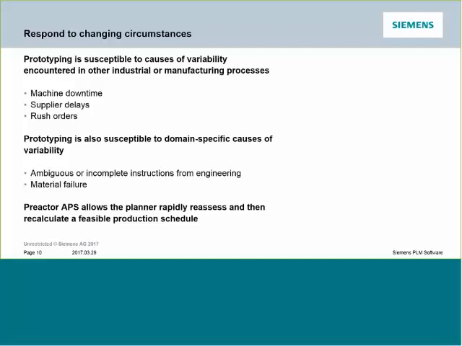But again, the graphical power of Preactor helps make the business case, helps explain, yes, this is not just overtime we're working for our general comfort level. This is essential because, as we can see on a Gantt chart, without it, there is going to be a serious delay in a specific order and the orders around it.